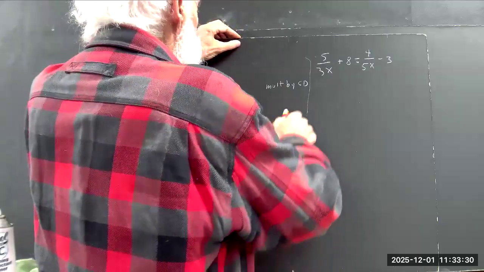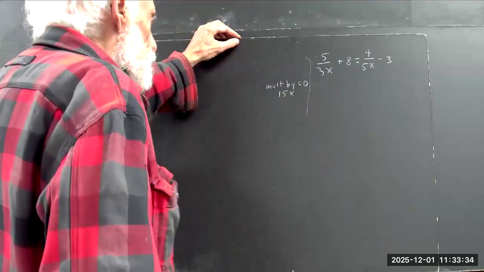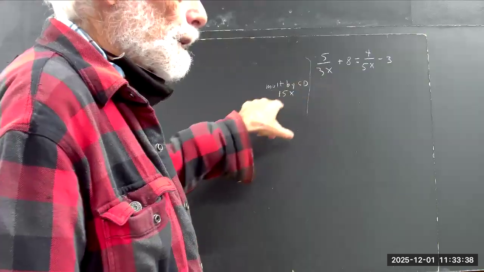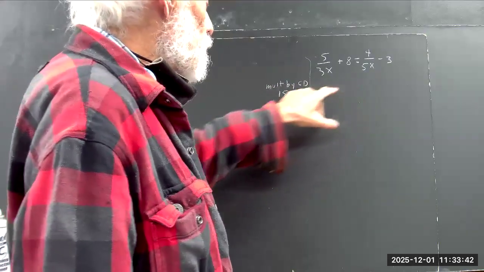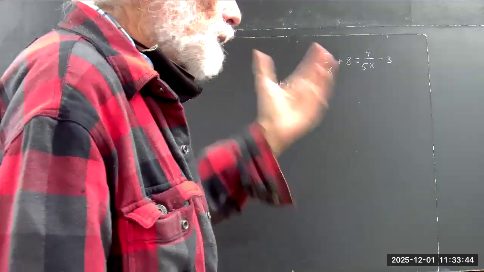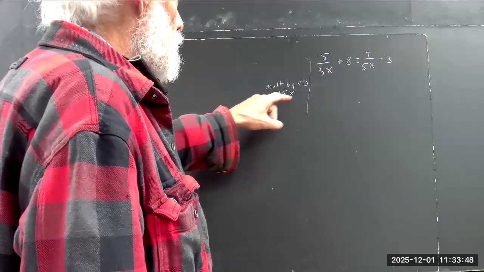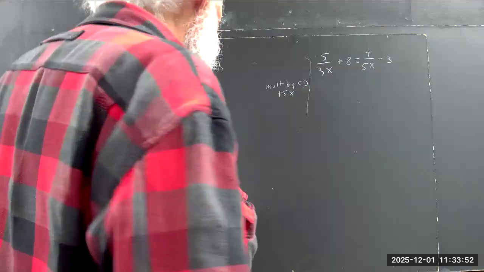Now the common denominator here is going to be 15x because 15x is a multiple of 3x. 5 times 3x is 15x. And 3 times 5x gives us 15x. So 15x is divisible by both of these denominators.